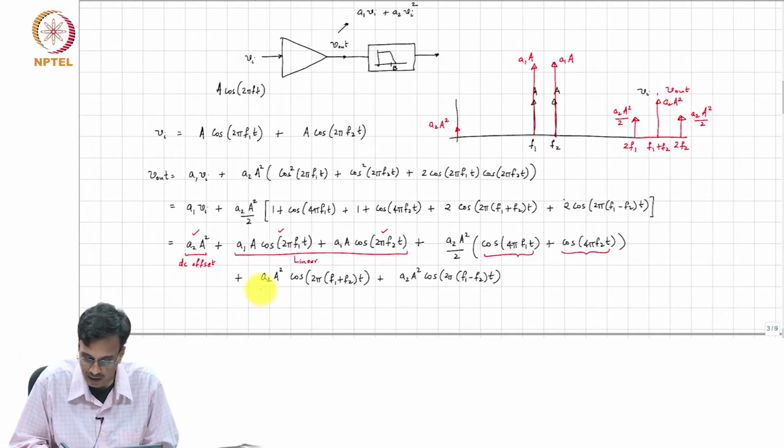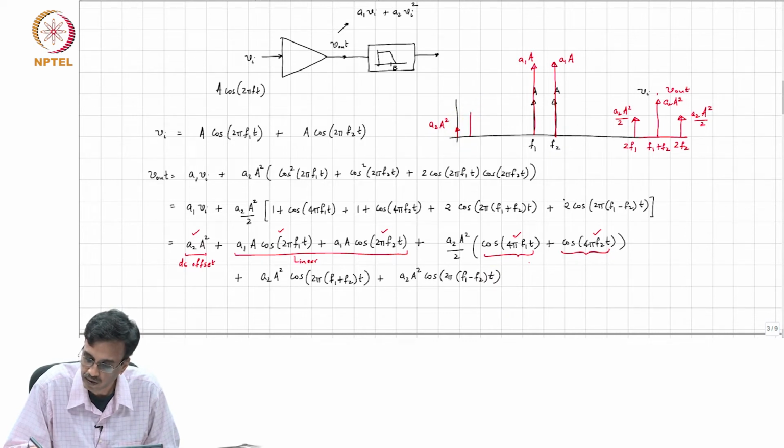Of course, these are second harmonics of the two input tones. So we understand where they are coming from, and these two tones, there is one at f1 plus f2 and there is one with f1 minus f2.